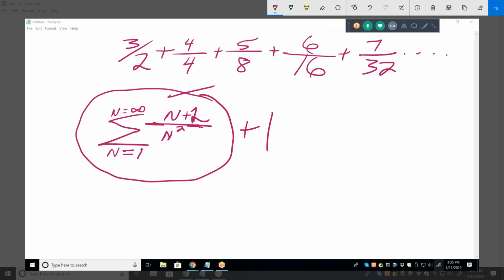Plus 1. No. About down here. There. That gives us the first proper term, doesn't it? Doesn't give us a second proper term. The second term is going to be 5.